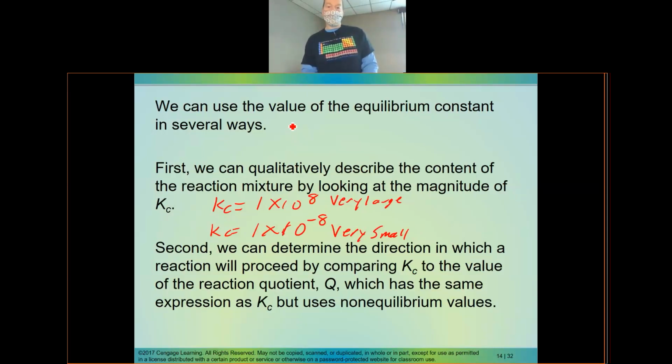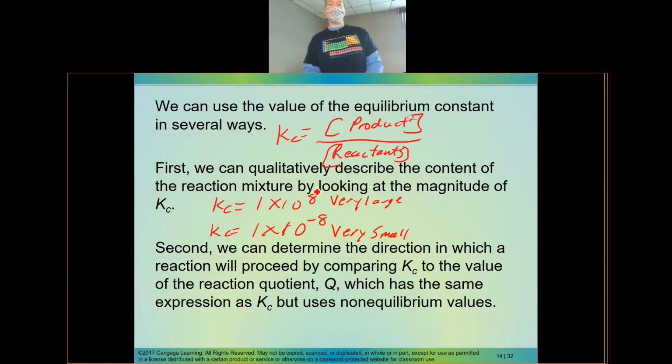But you do need to know that when you find Kc, it is your concentration of products. So it's always the products over reactants. So for this Kc that is very, very large, that means that you have a lot of products. So this favors products.